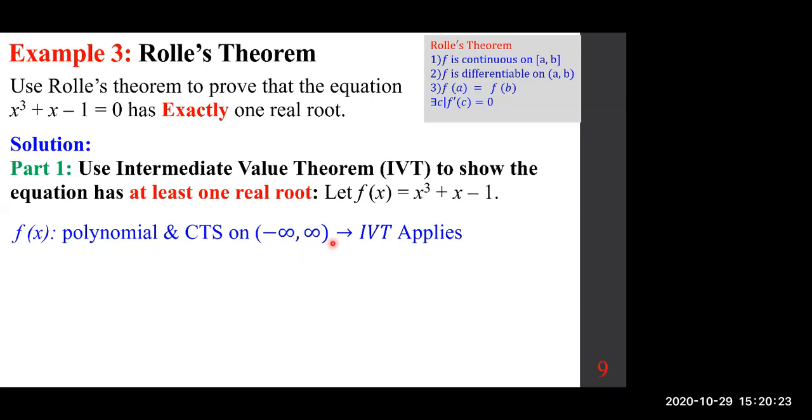Now, by inspection, the moment you plug in 0, you get negative. But if you plug in 1 or 2 or 3 or 5, I hope you see that it quickly gives you positive. So if you plug in 0, it results in a negative value, and if you plug in basically any number like 1 or larger, it gives you positive.